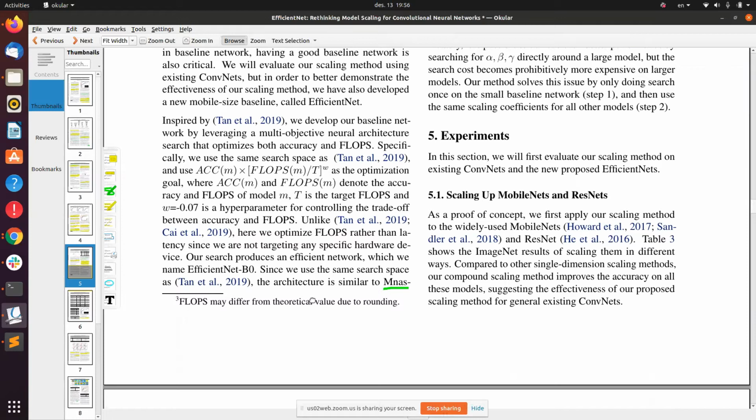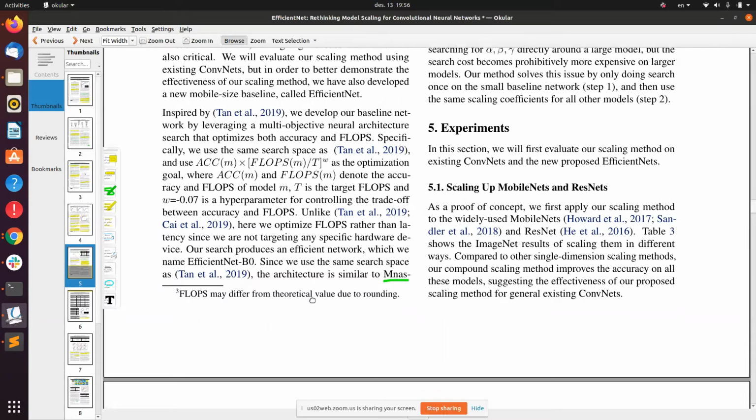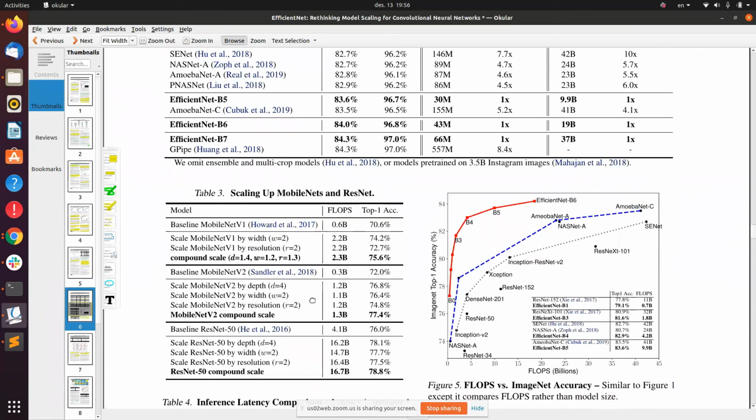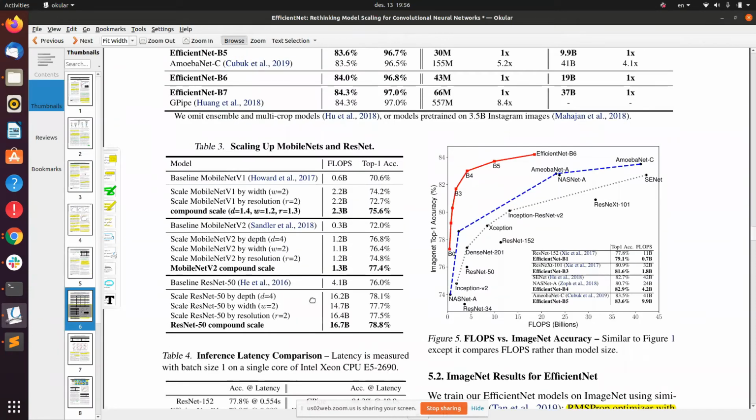The general idea that people have is: what happens if you apply these scaling factors to already designed networks, something like MobileNets or ResNets, or any squeeze-and-excitation network? Just apply this compound scaling factor and see how it behaves. That is the first part that they have done, and the results seem quite good compared to the base network. Table 3 shows the results.